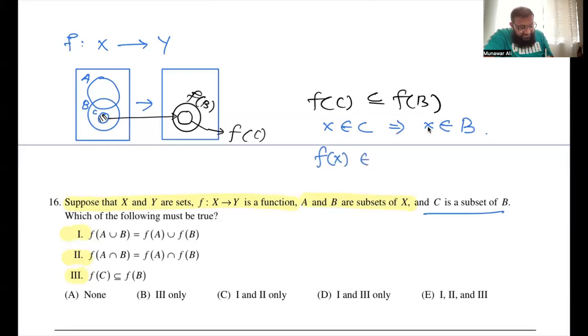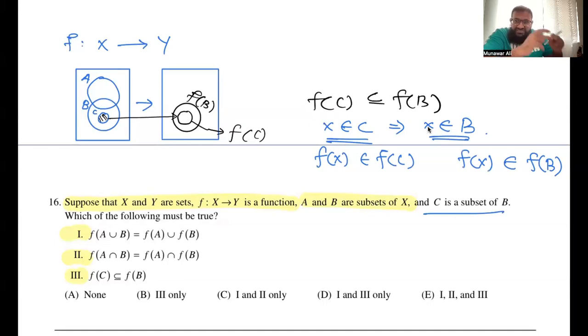Then this f of x must be inside f of C, and this f of x must be inside f of B because this x belongs to C and this also belongs to B. So f of x is contained in f of C and f of x is also contained in f of B. It means if an element is in f of C, the same element is in f of B, we are done. So the third statement is true.